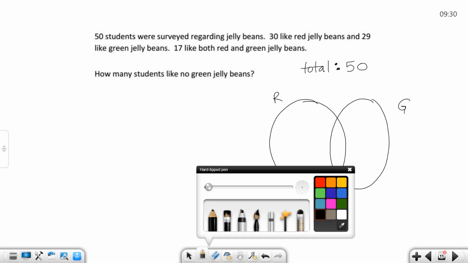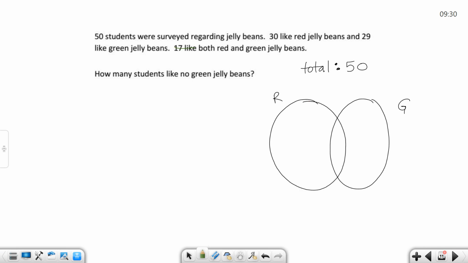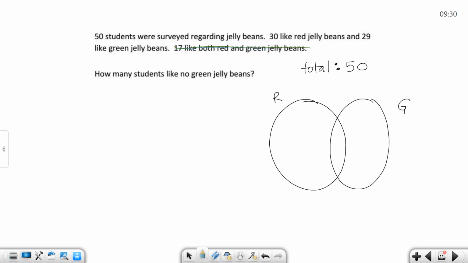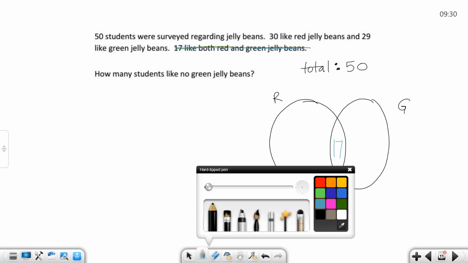Okay, the easiest way to start, remember, is to start at the end where they both like, and that is always at the end. 17 like both red and green. Okay, shouldn't have used green. There we go. 17 like both red and green. So I'm going to have 17 right there in the overlapping part. Okay, so let's go to green, working backwards.